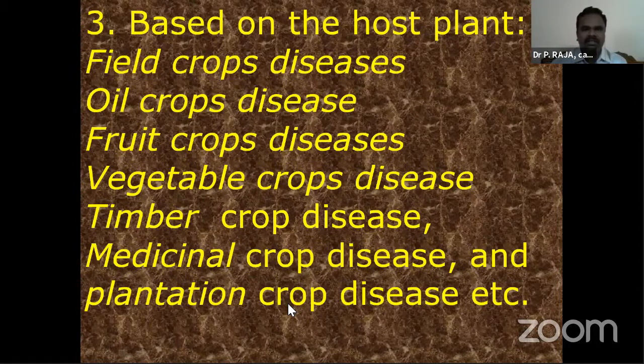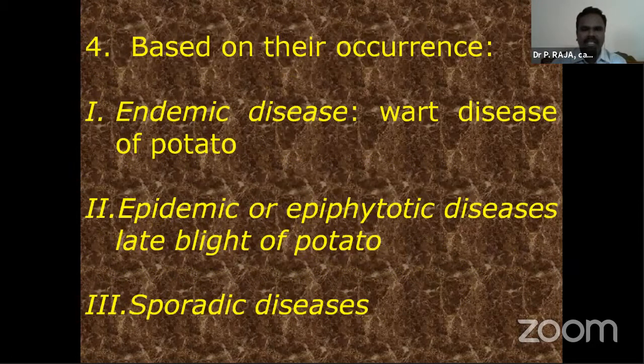So based on the host plant we can classify, and then based on their occurrence, for example, endemic diseases. Endemic diseases are the diseases which are more prevalent in a particular locality or region. It will appear year after year. It is so specific to that region that we call them endemic diseases. The next one is epidemic or epiphytotic diseases.